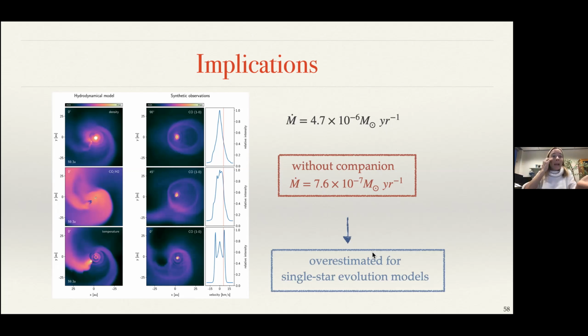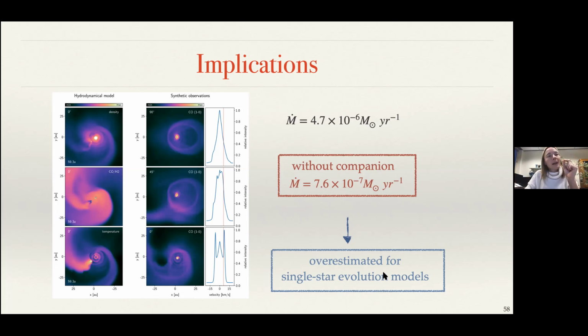So each of the mass loss rate prescriptions that have been used in single star evolution models and that are based on observations might have been overestimated. So one of the projects that we are now starting with is, can we please correct these mass loss rate estimates, since they were not only very highly different when I just showed you these plots, there's also a missing ingredient there, that we do not take into account that most of them might have a companion.